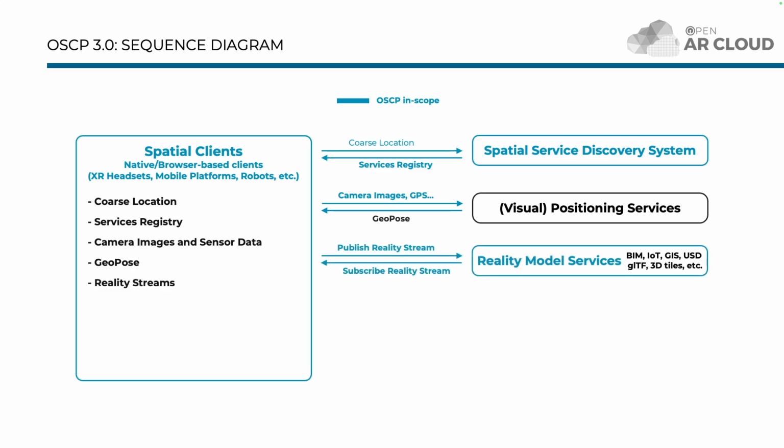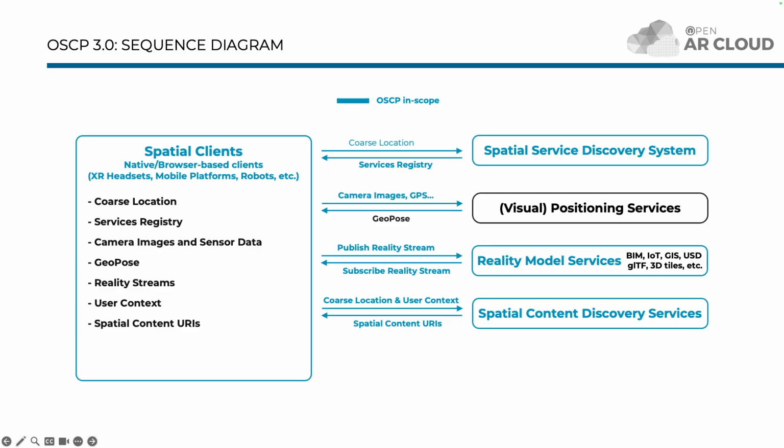With that geopose, the client can now request additional services, stream its geopose data to the cloud, and subscribe to other spatial services. One critical capability is discovering content packages and experiences in your vicinity.